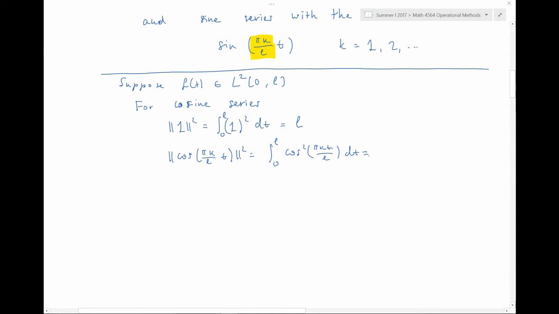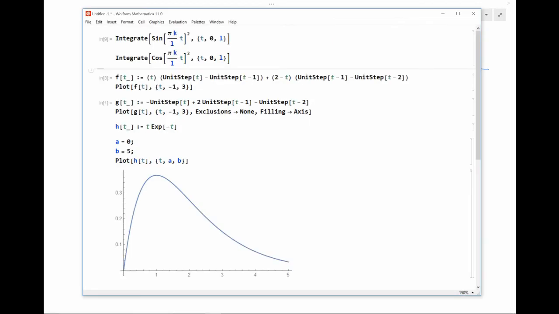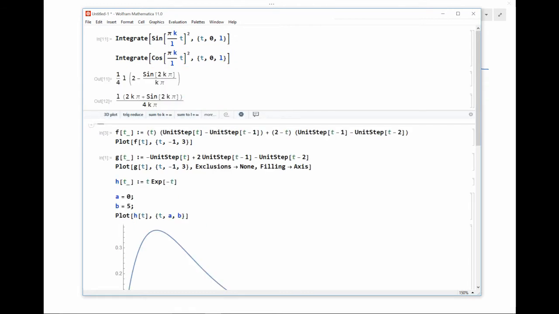And I'm going to compute this norm with the help of Mathematica. So here I have the sine squared and the cosine squared. If I evaluate, then I get that the norm of each is just L over 2, because the sine of 2k pi is always going to be 0 for both formulas, and so in both cases the norm squared of sine and norm squared of cosine is going to be just L over 2.